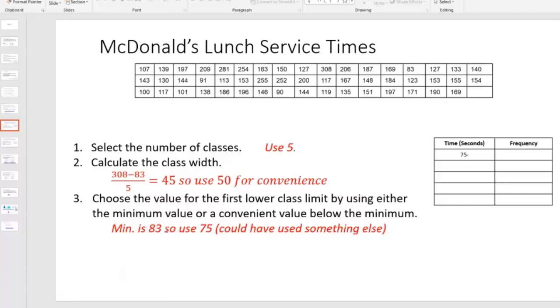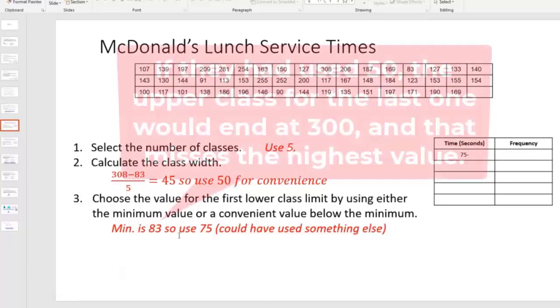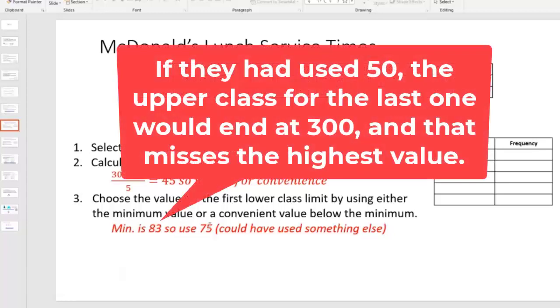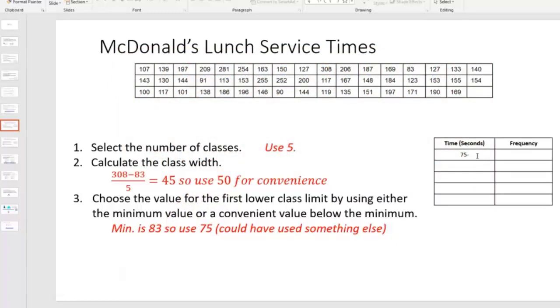They could have used 50. That would have been another reasonable start, because with a class width of 50 the lower limits would have gone 50, 100, 150. But they chose 75. Sometimes you're just choosing something convenient. That's where our 75 gets put on the chart. After all of these steps, that's where they've started.